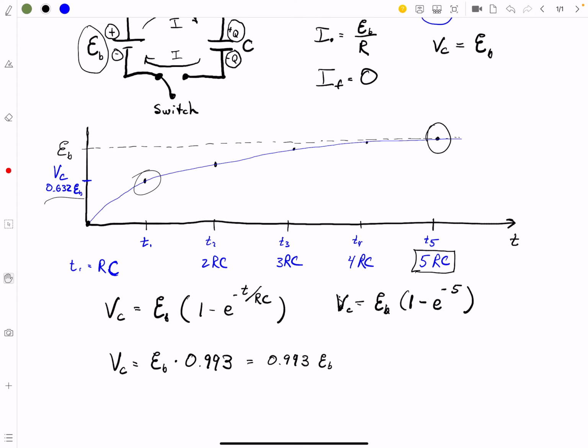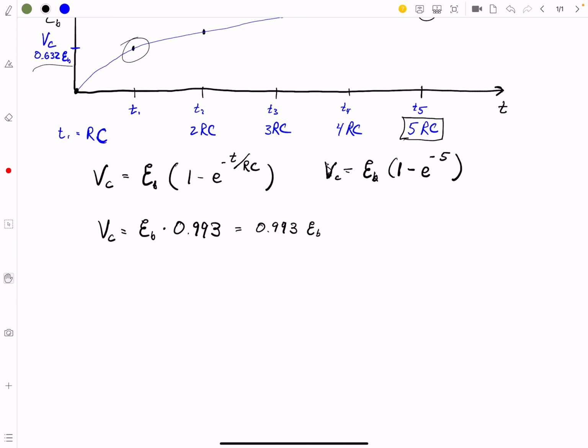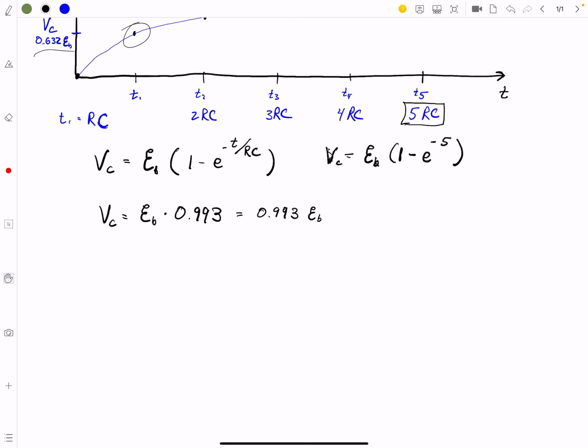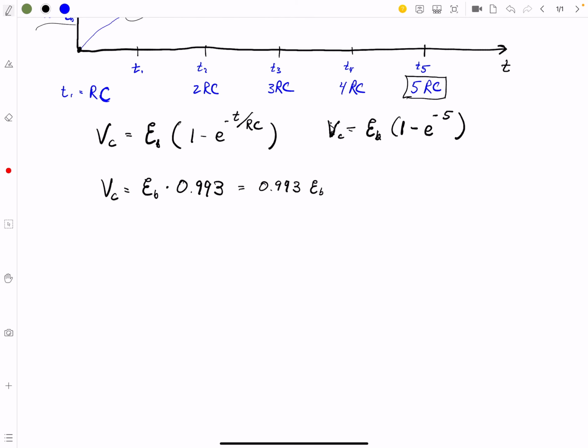However, there's one thing that I want to introduce to you, and that is the notion of tau. Tau is equal to RC.